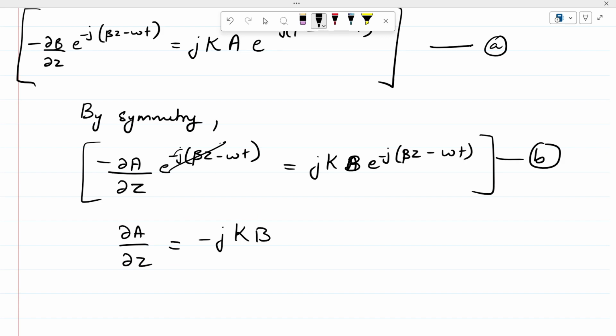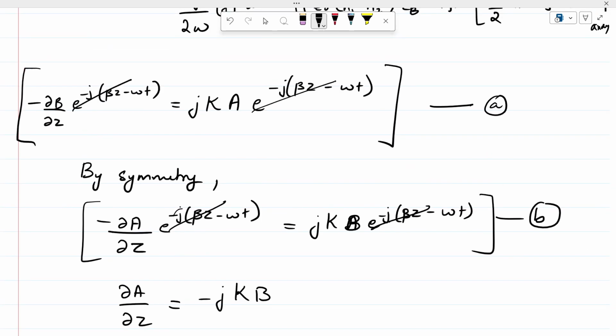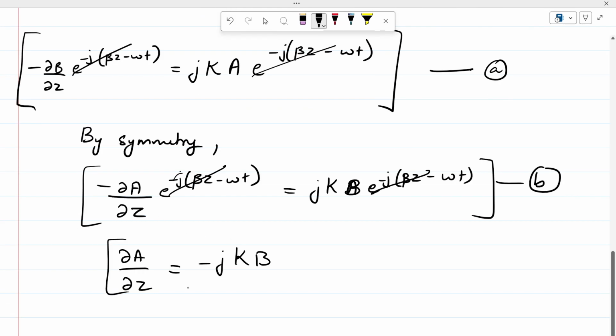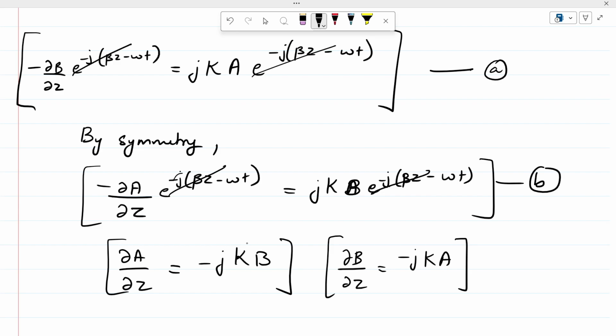If I cancel this part by these two parts out, so these are my two equations now. We need to simultaneously solve for both these equations. Now they look like pretty decent equations. All the complexity is taken care of by the coupling coefficient here.